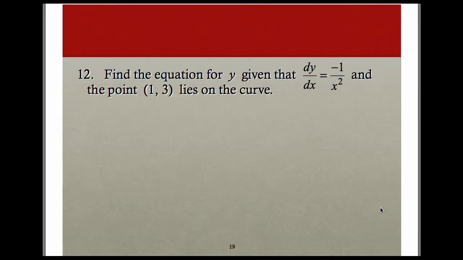So you can still check your answers just like we were talking about yesterday. So we're asked to find the equation for y, given that dy dx is equal to negative 1 over x squared. And the point 1 comma 3 lies on the curve. So what you see there with that dy dx, this is what a typical differential equation looks like.